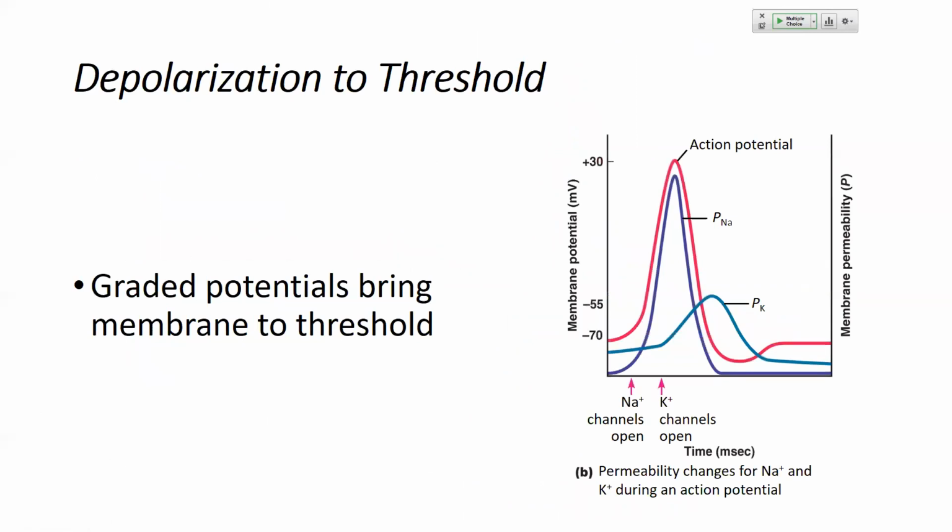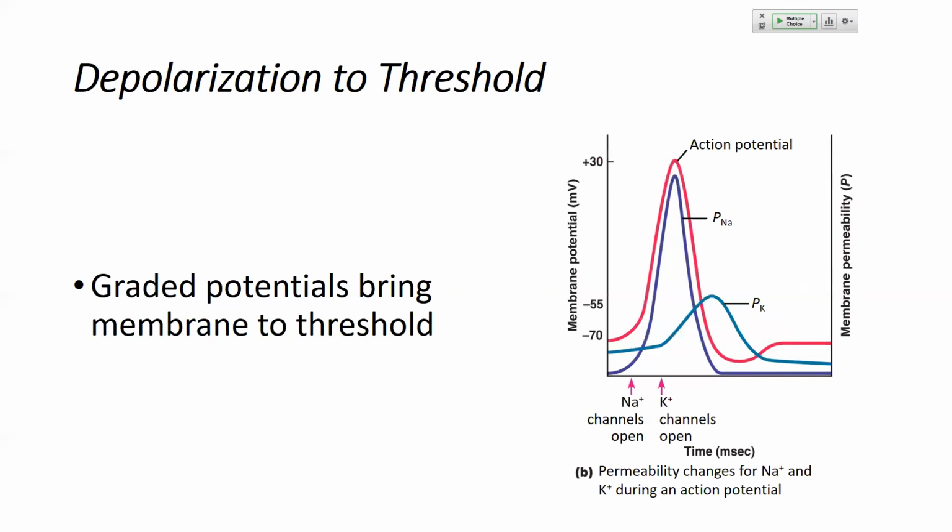But the graded potentials are vital in determining whether or not we got to threshold. It's going to be very important. These small changes in the membrane potential will determine whether or not we get to that -55, which is our all or none reference point. Above -55, we're going all the way up to 30. There's no going back.